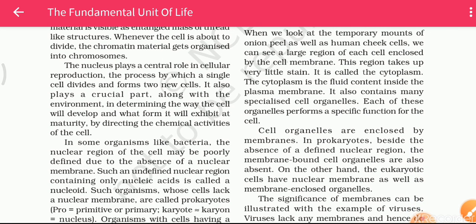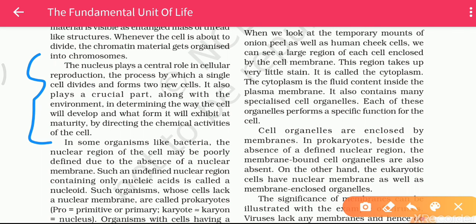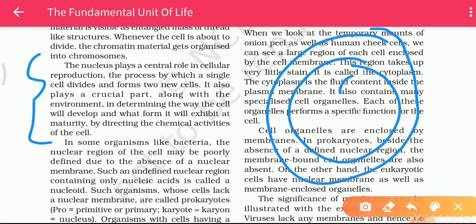Okay, students, here the function of the nucleus is given. In this paragraph only the function of the nucleus is given, because this one is the cell. Inside the cell the nucleus is present, and here the chromatin material is a thread-like structure. Then what is the function of the nucleus? You know, students, the nucleus is very important, and it is called the control center of the cell.